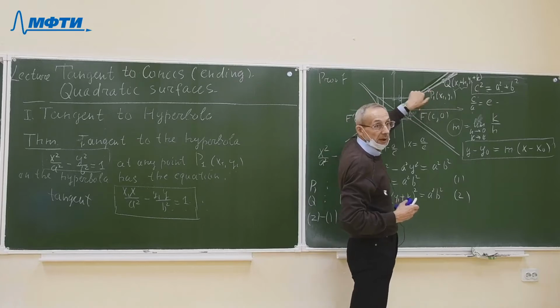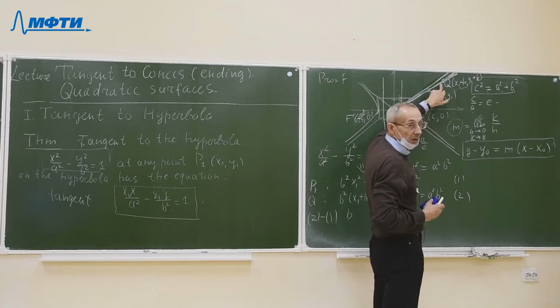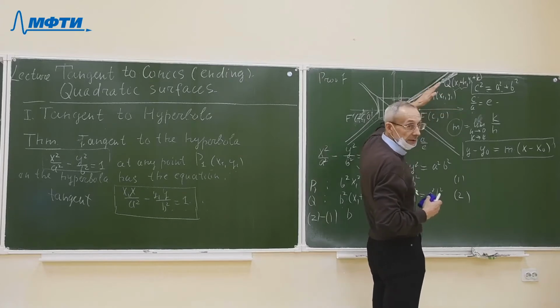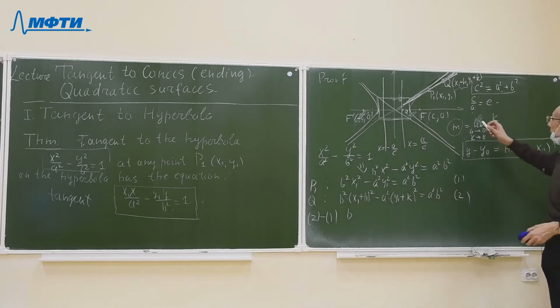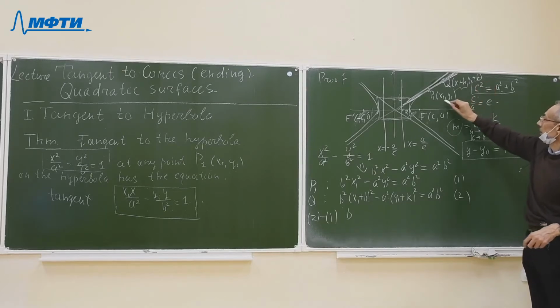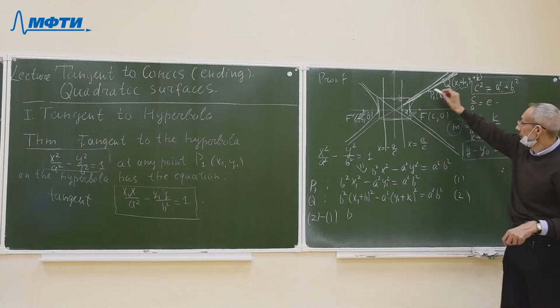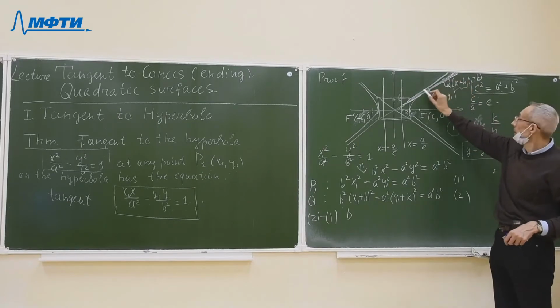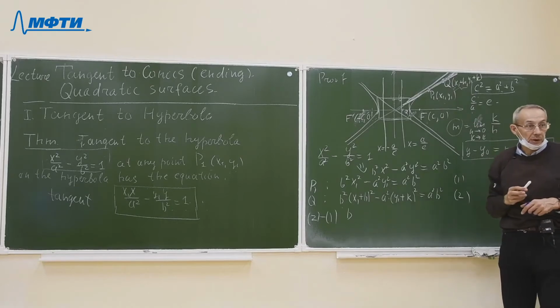The secant which passes through these points tends to the tangent. And the ratio of the difference of the second coordinate to the difference of the first coordinate is the slope of the secant, and the slope tends to the slope of the tangent.